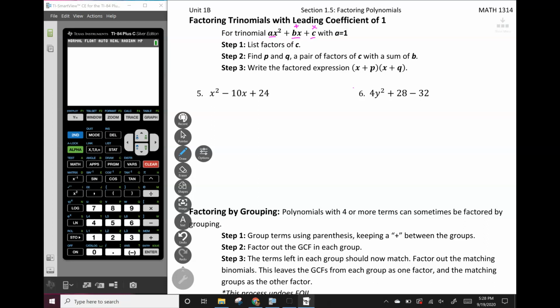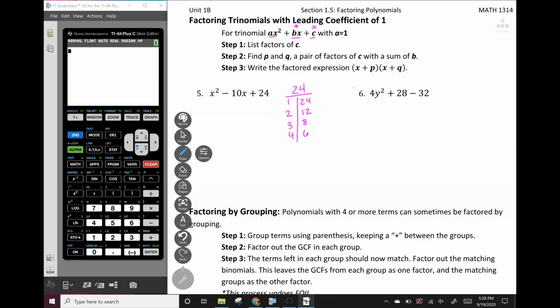So step 1 to doing that would be to find the factors of c, so 24. And if you can do this in your head, that is obviously totally acceptable. You don't need to make a t-chart. But 1 and 24, 2 and 12, 3 and 8, 4 and 6. So those are our factors of 24.